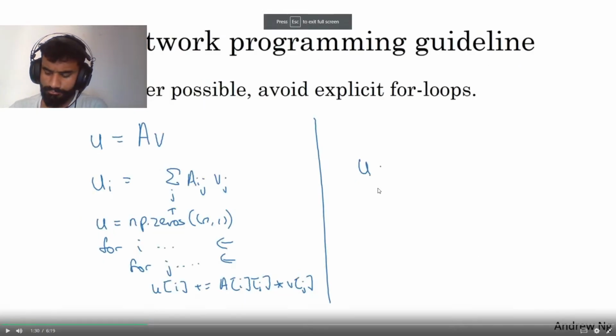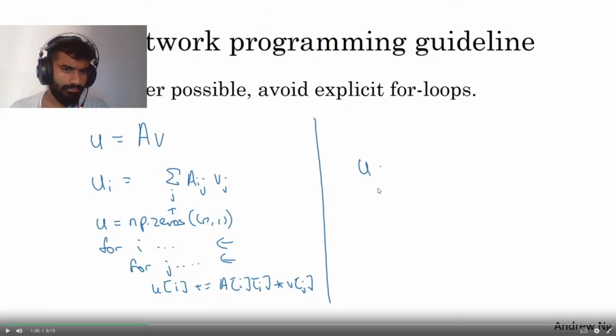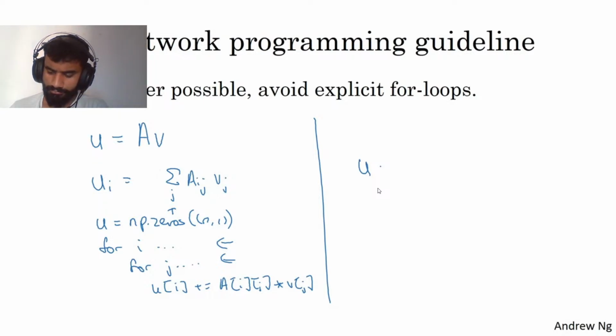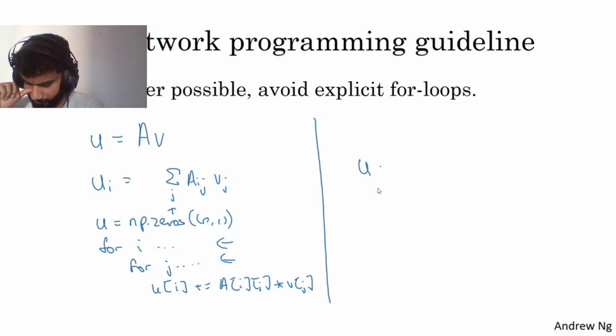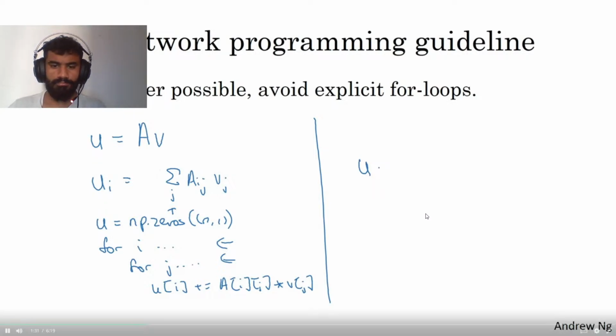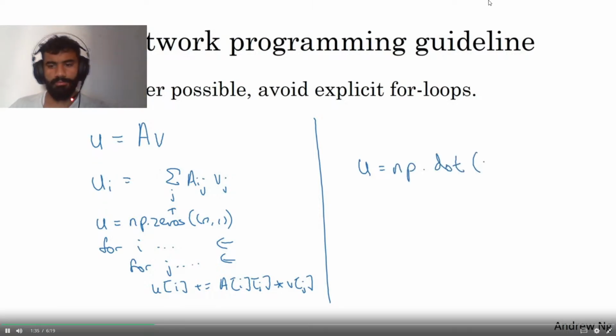The vectorized implementation is just u equals np.dot(A, v).